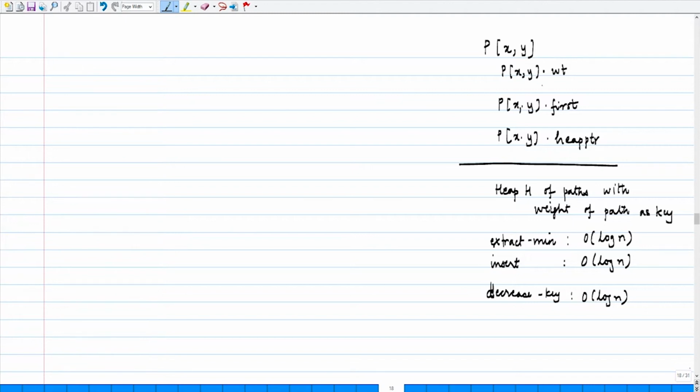Okay, good. So we have the data structures in place. For every path pxy, we have the weight, the first element, and the heap pointer, and the heap supports these operations, extract min and decrease key, in order log n time. So how does the algorithm go? It starts with initializing the heap.